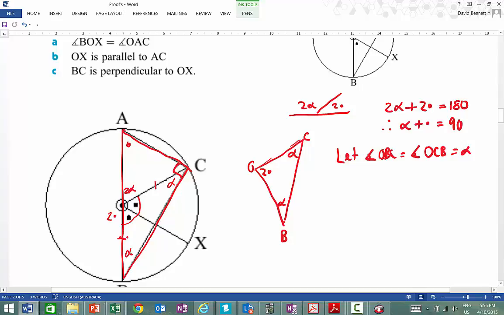We know it's an isosceles triangle as OB equals OC.